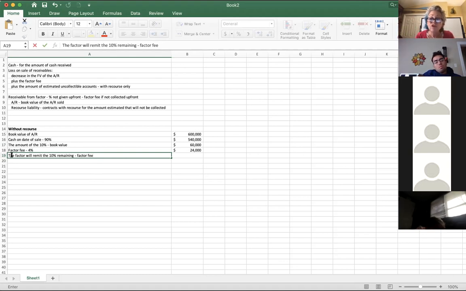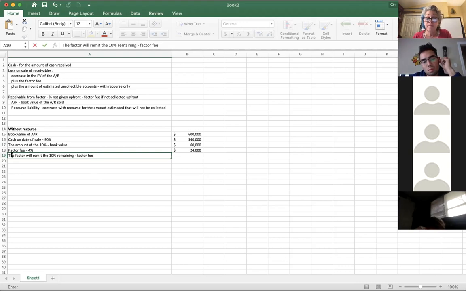So this contract is saying that the factor fee is going to be collected from the amount that they are retaining. Notice that they said that they're going to remit the fair value of the 10% minus the factor fee.